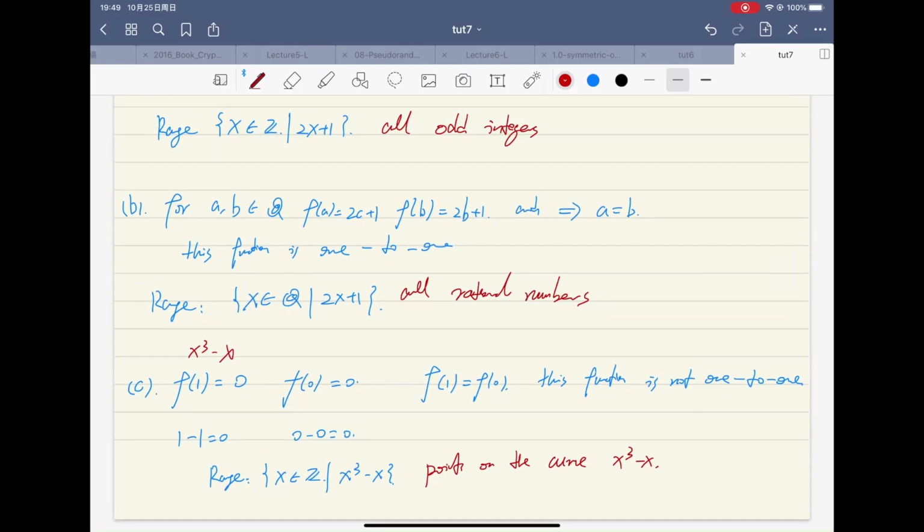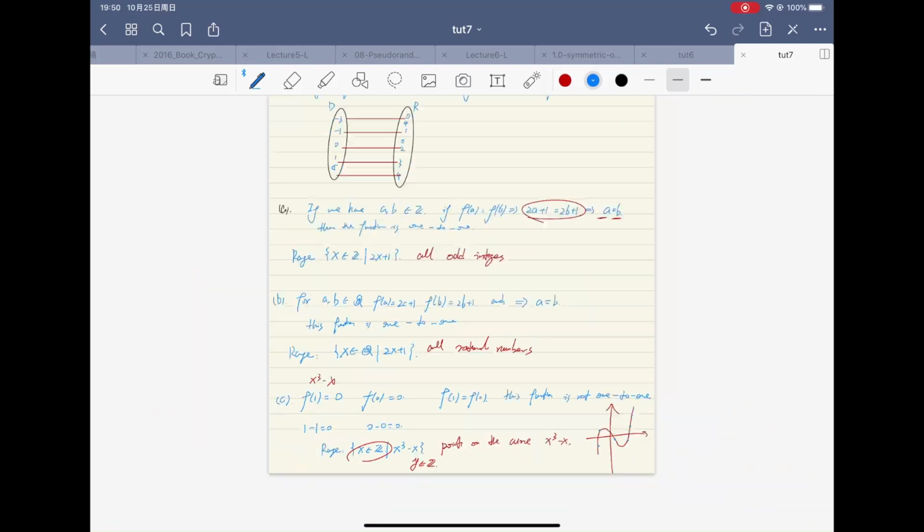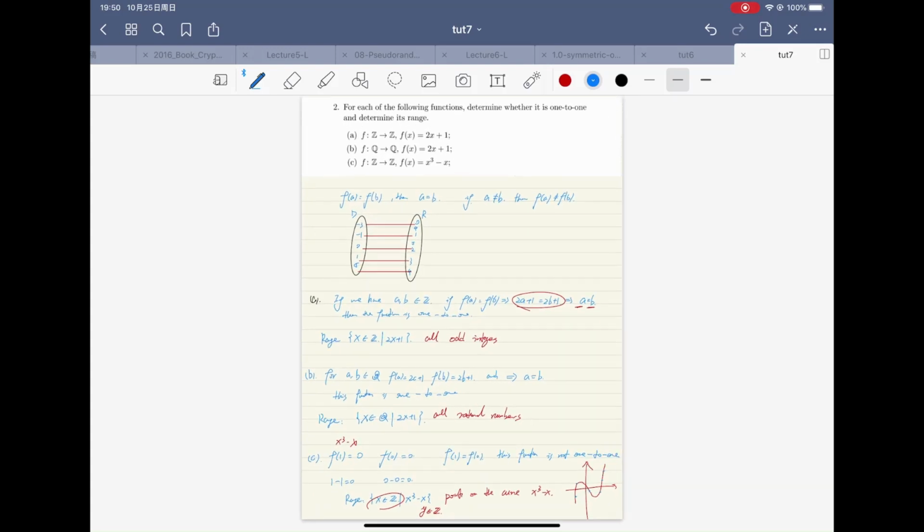Because x belongs to integer and y belongs to integer as well. So we have the curve like this, and that will be the points on this curve, right? That's question 2.